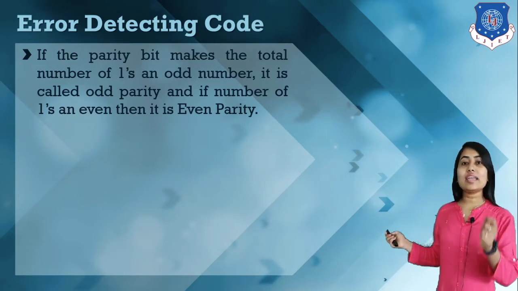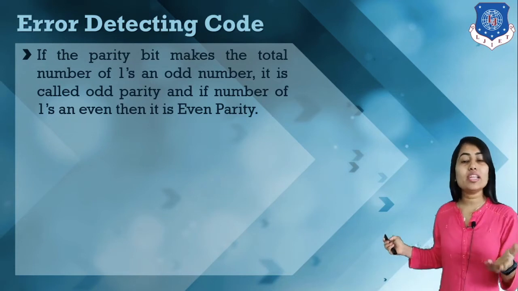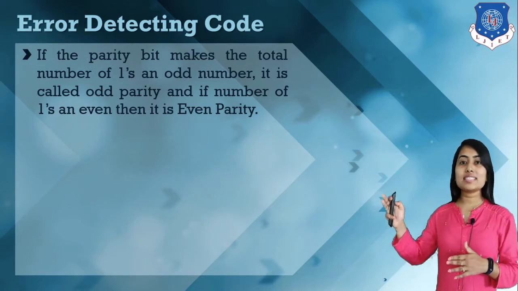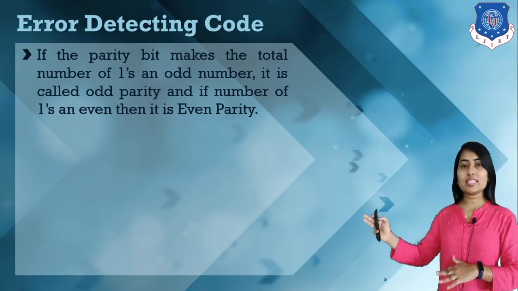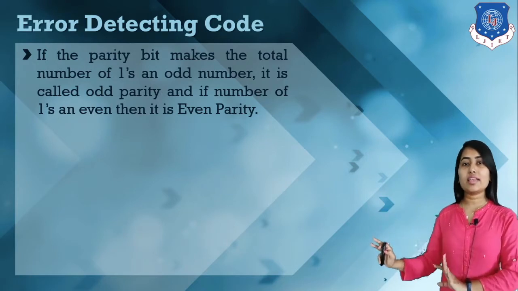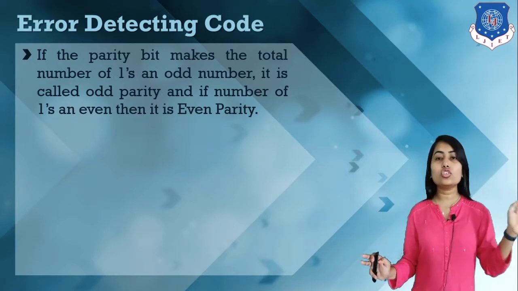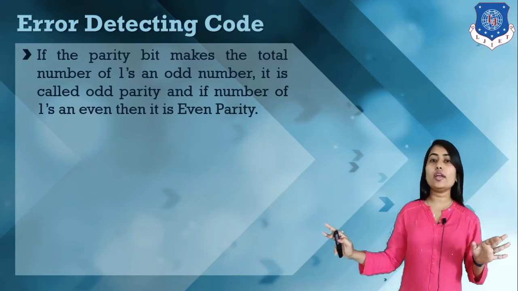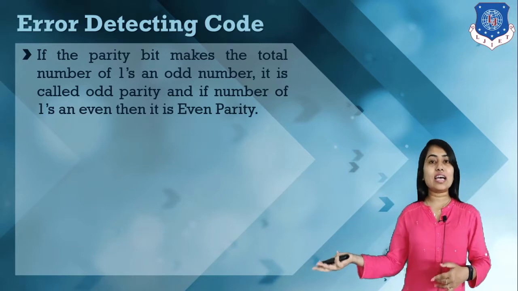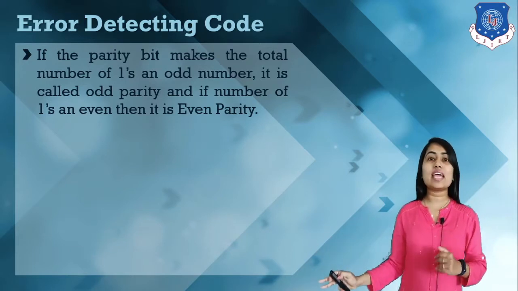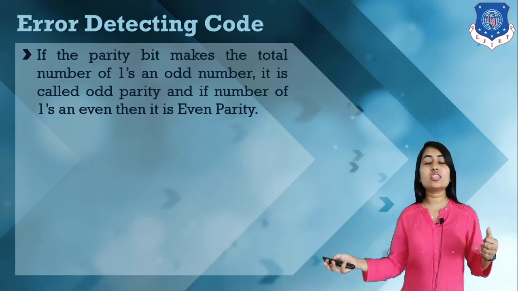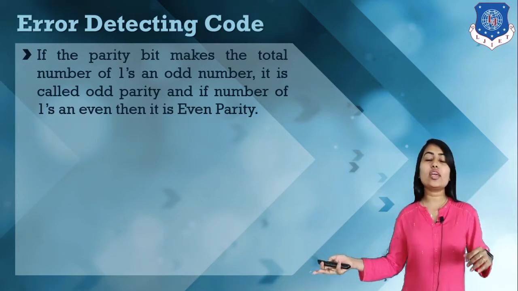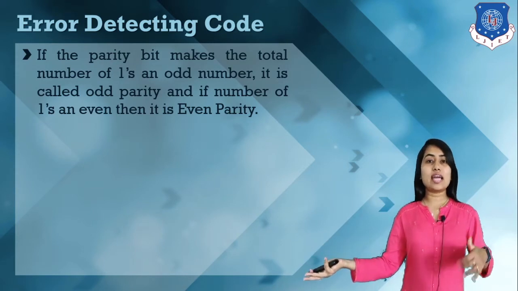If we send information either with even parity or with odd parity, and the receiver receives that message with the correct parity, that means if we send 3 ones and the receiver receives 3 ones, an odd number of ones, it is detected that there is no error. But if we send 3 ones and the receiver receives 4 ones, that means our bits got altered, and 4 ones means even parity.